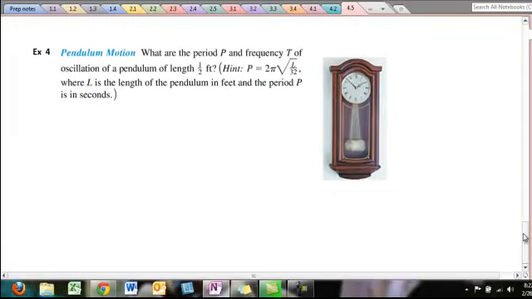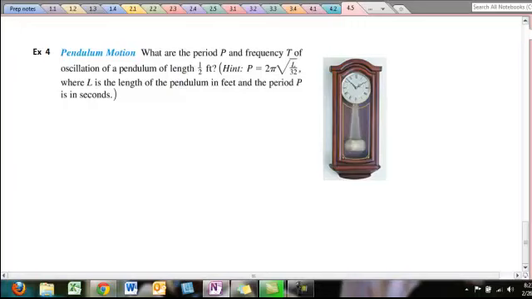Now let's look at a pendulum motion, like in a clock, right? We have the length right here of the pendulum. What is the period and the frequency of the oscillation of a pendulum that has a length of 1/2 foot? Well, they're going to tell us that the period is given by this formula: 2π times the square root of L, the length of the pendulum in feet, over 32.